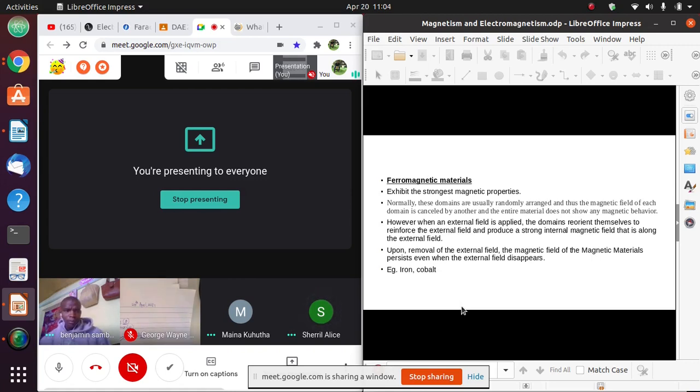Ferromagnetic materials, permanent magnets. These are the magnets that we use a lot in our day-to-day activities. The dipoles in ferromagnetic materials usually are random, and they have their own magnetic properties. But these magnetic properties tend to cancel each other, so they do not show any magnetic behavior.